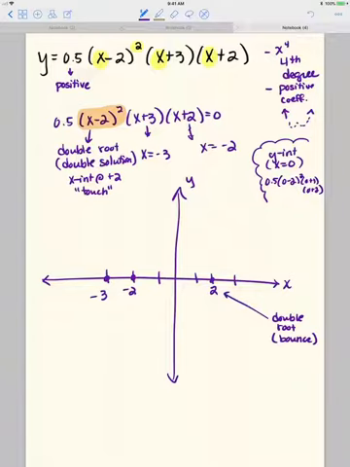So it's half times negative 4 squared times 3 times 2. Well, not negative 4 squared, negative 2 squared. So negative 2 squared, watch your signs, times 3 times 2. Yeah, you end up with 12. So 12 is the y-intercept, so up here at 12.